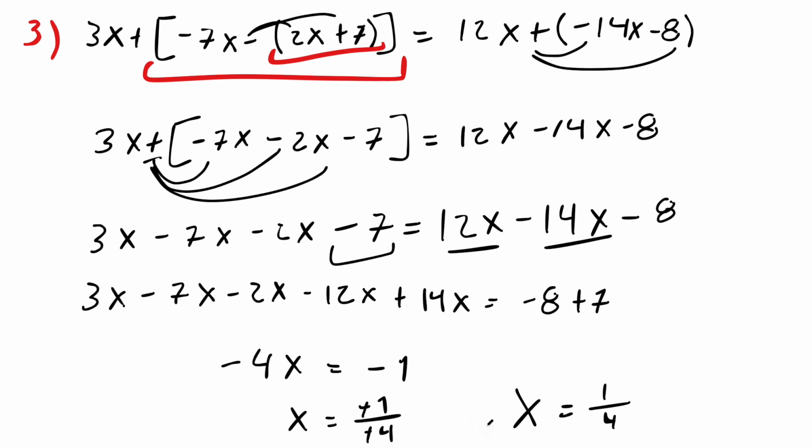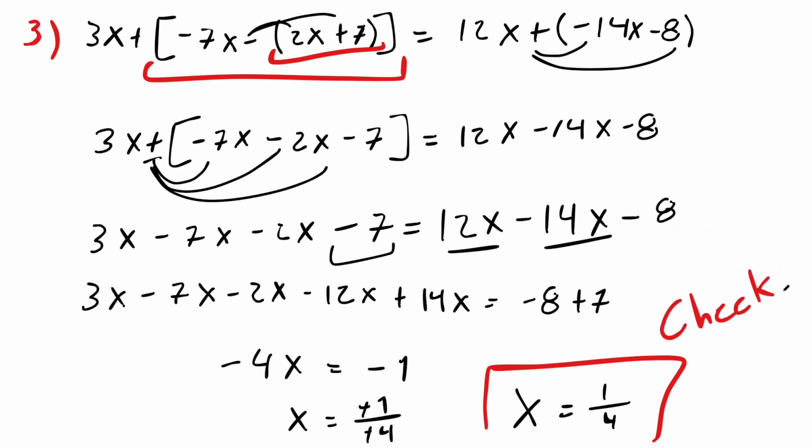Now what happens? How shall we possibly verify it? Because that is crucial. When you want to correct yourself while doing a linear equation, you just have to know the value that x is equal to, and then substitute that for each one of the variables in the equation. So for example, 3 times x would be 3 times 1 over 4.